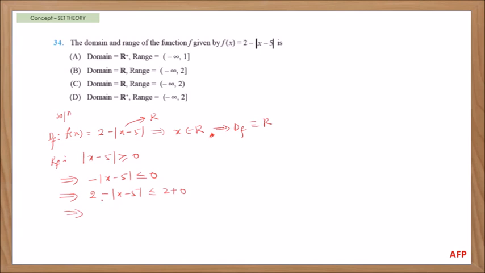So this implies f of x is less than or equal to 2. This indicates f of x belongs to (minus infinity, 2], closed at 2. Therefore, the range of f is (minus infinity, 2]. So the second option is the correct one.